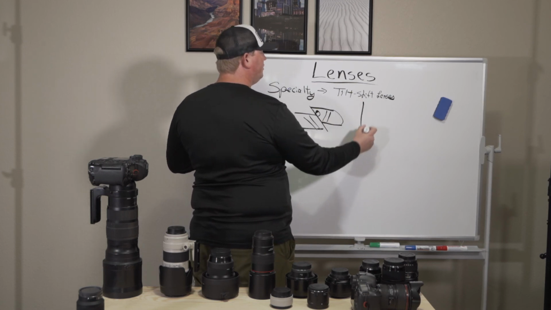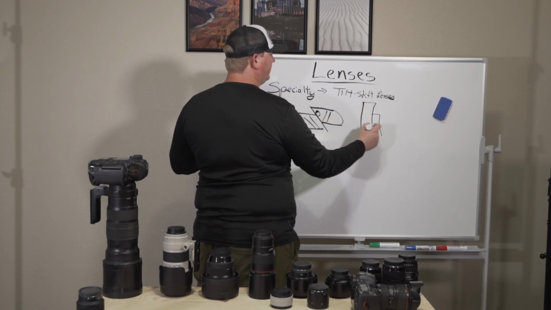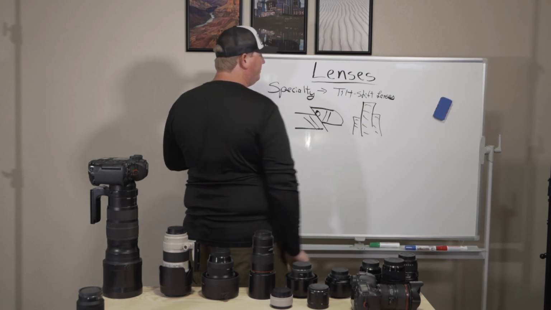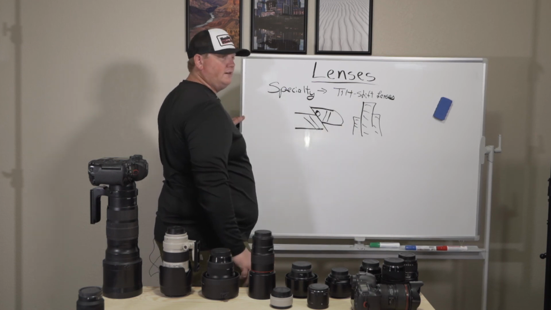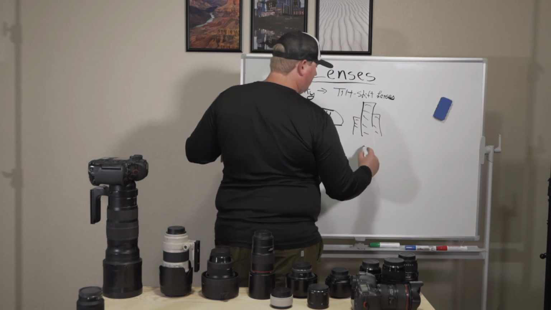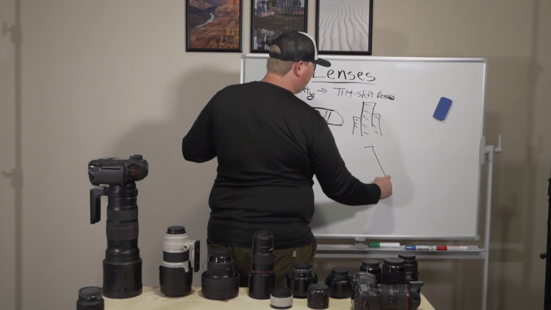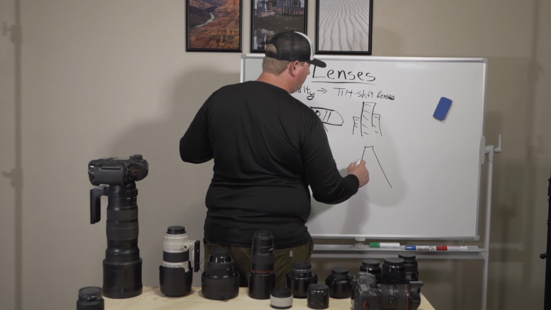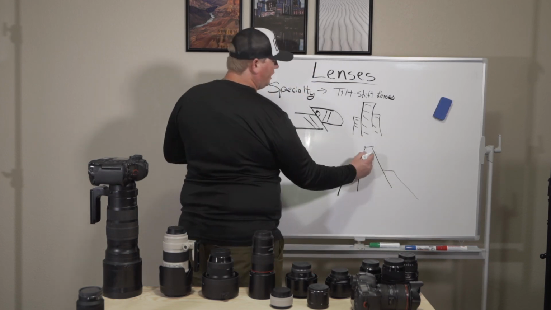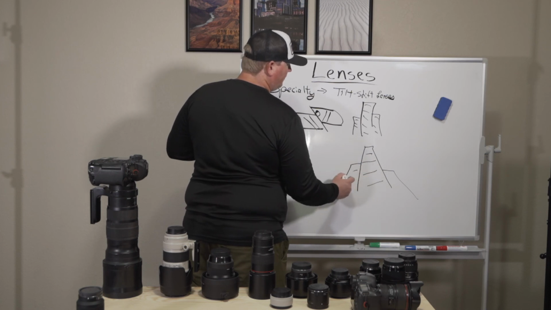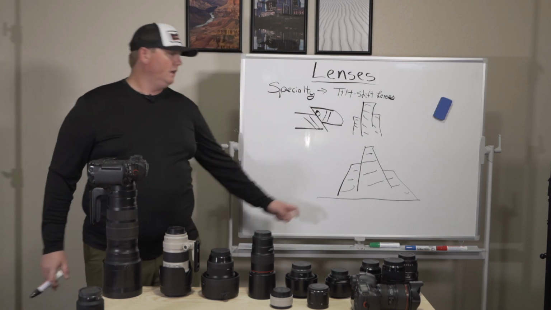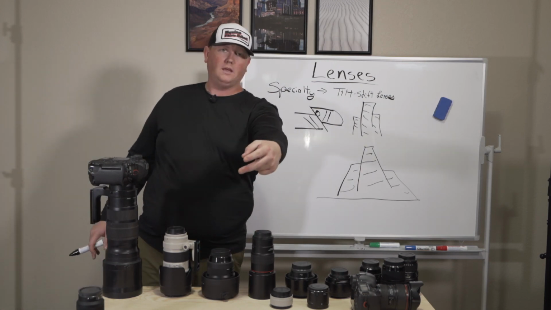But basically, if you have a picture of a building, let's say this is a skyscraper, okay? This really big building, and you have to take a picture of it. If you shoot this with a normal lens, what happens is the top is really tiny and the bottom is huge. You're just right across the street, so you have to be close to it.